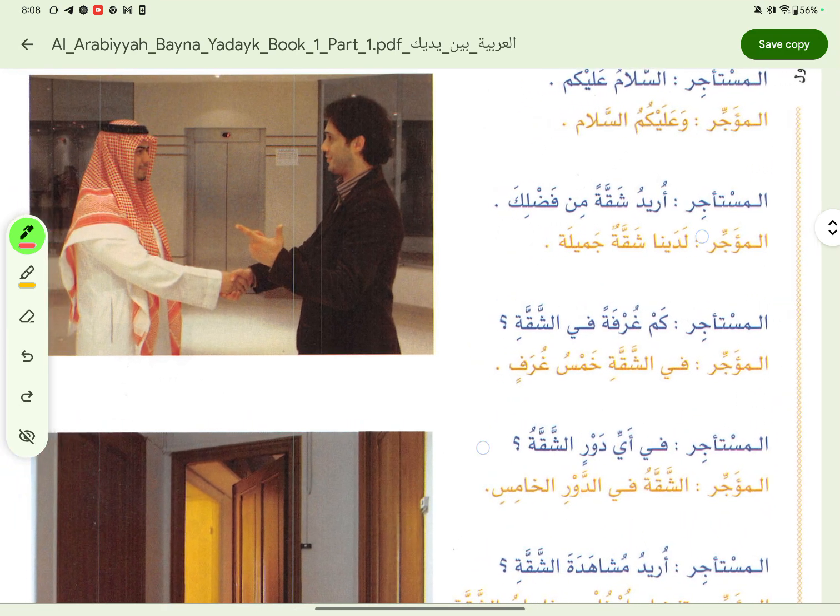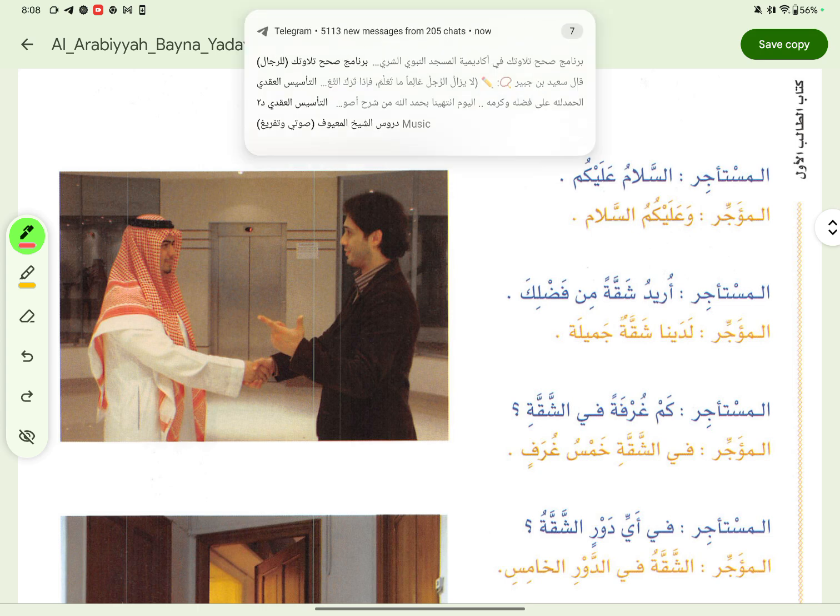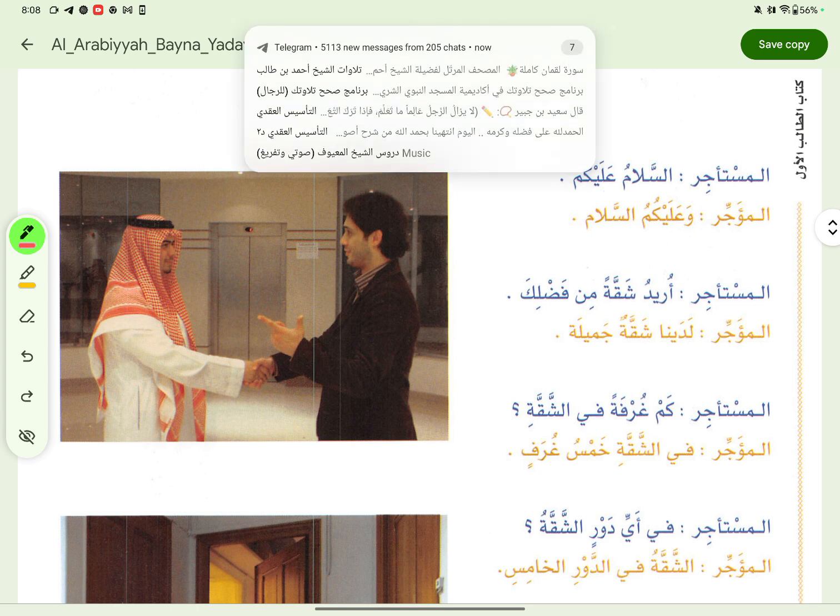I'll go through it now, explaining what that was. This here was a حوار بين المستأجر والمؤجر. What is that? المستأجر is a person who is seeking rent. The rentee, for example, a person who's seeking to rent a place.